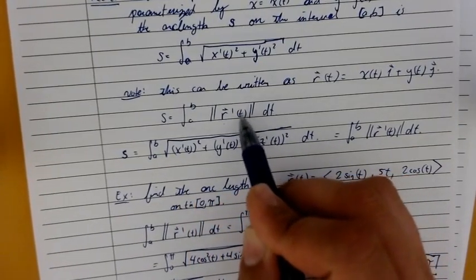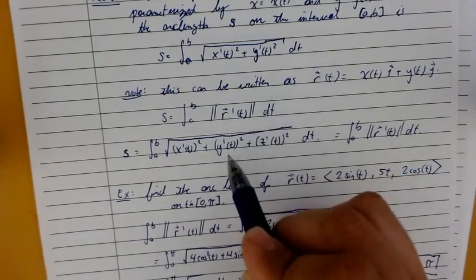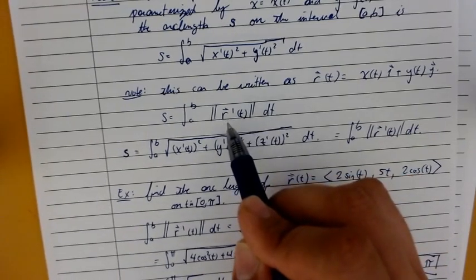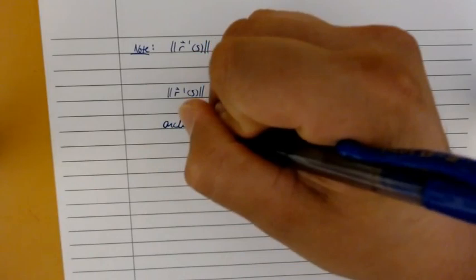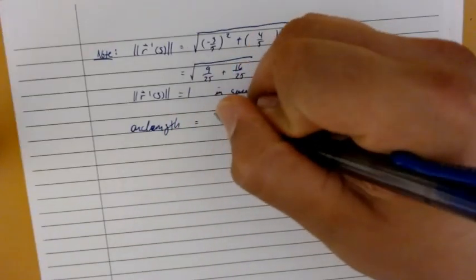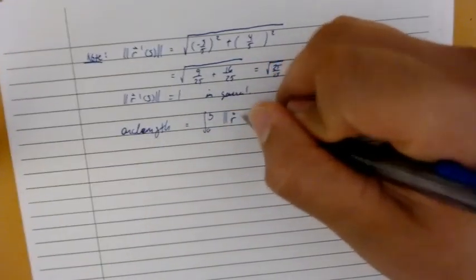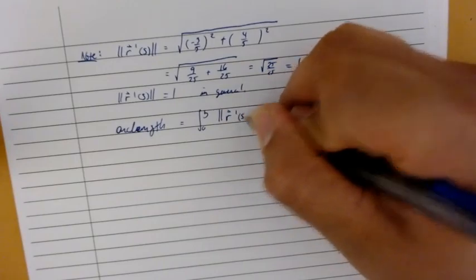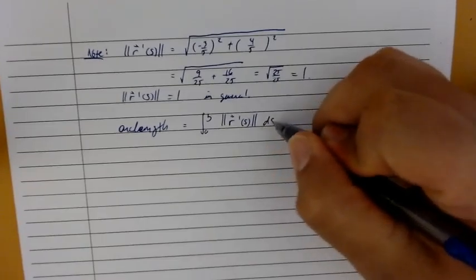But no one ever said I had to parameterize with respect to time. This is just a parameter. Okay, so the arc length parameter is a perfectly good parameter. I can write this as arc length is equal to the integral from a to b of the magnitude of r prime of, and instead of using the time parameter, I'll use the arc length parameter, ds.